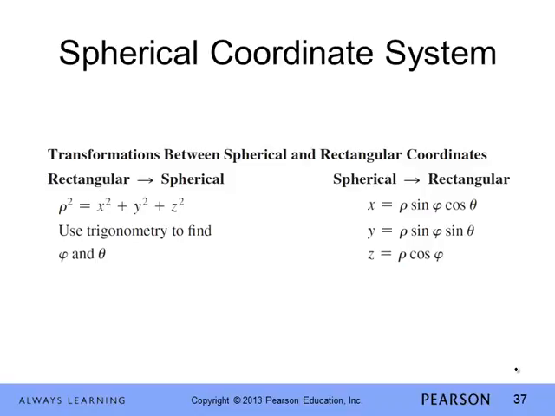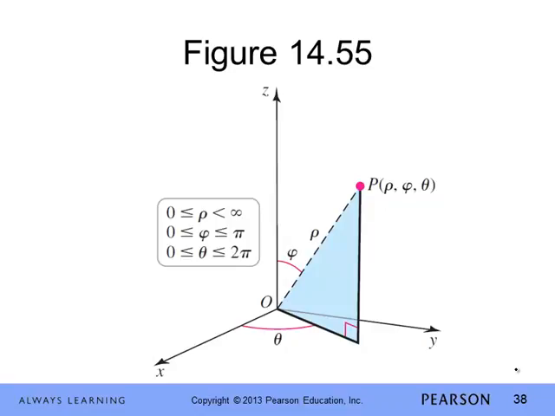So, let me show you a picture and then I'll come back to this. Here's what we're looking at here. We can locate a point in 3-dimensional space by first finding the direct linear distance, otherwise known as the radial distance, from the origin out to that point.